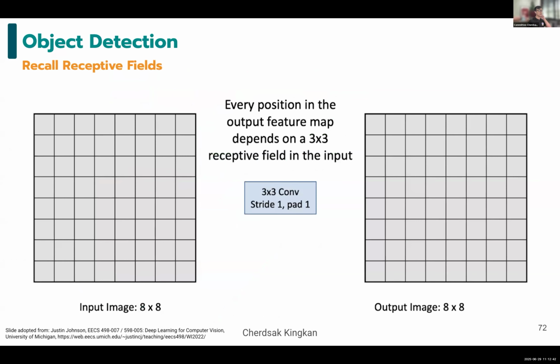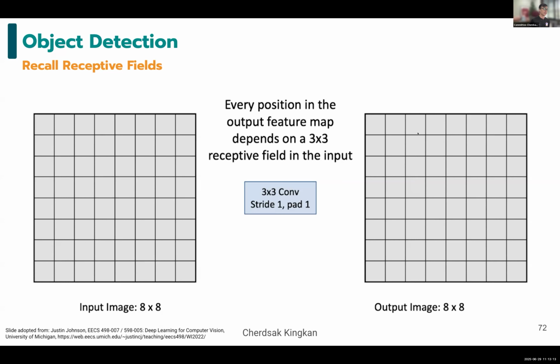So let's recall the concept of receptive field. For example, here we have an input image of 8x8 and the output will be 8x8. After we pass this image through the conv layers, with 3x3 filters, stride 1, padding 1, we get these image features.